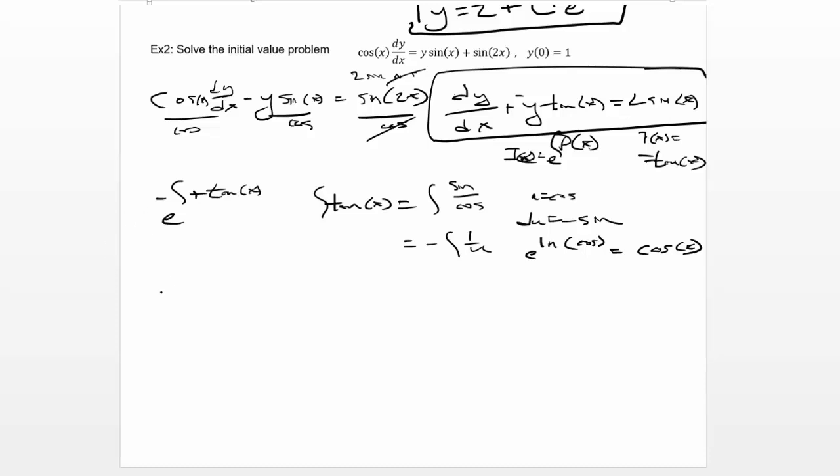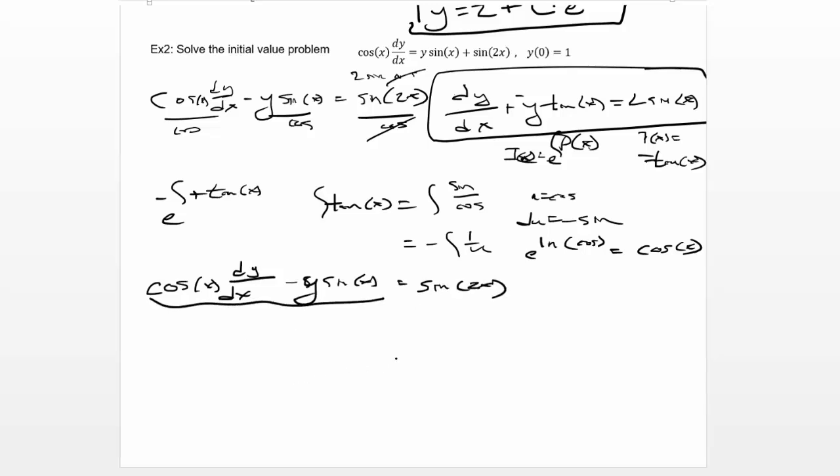You can quite literally undo everything that we just did and arrive back at the original writing of this prior to dividing by cosine. So cosine x dy/dx minus y sine x equals sine 2x.